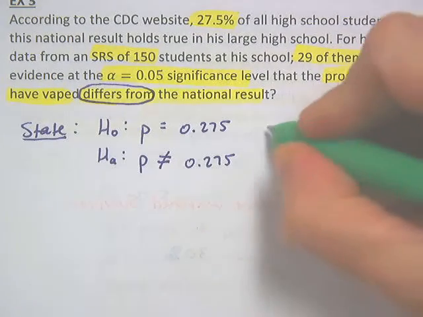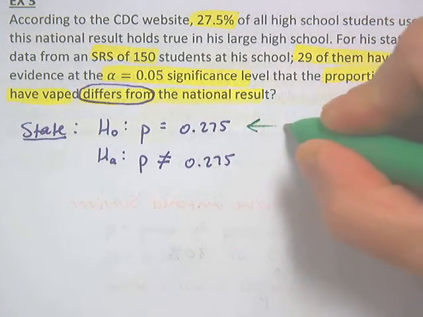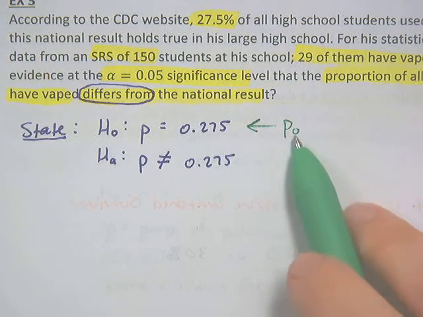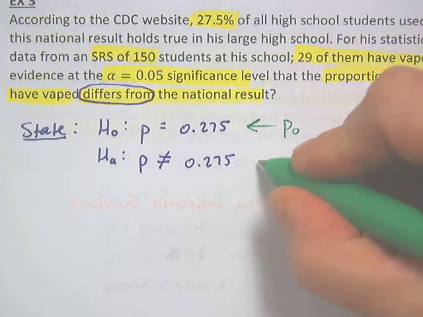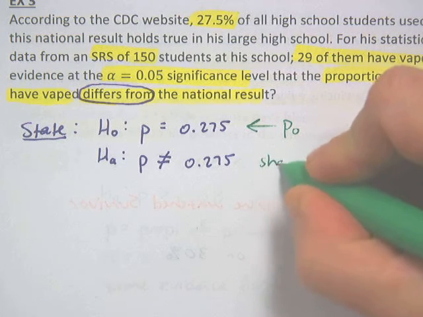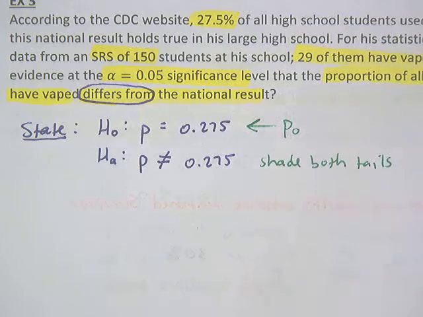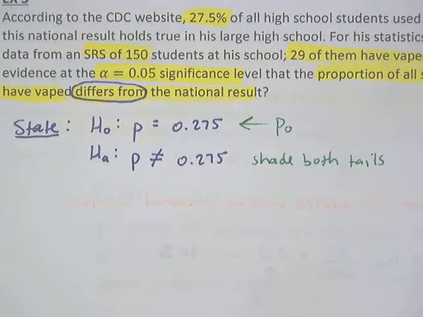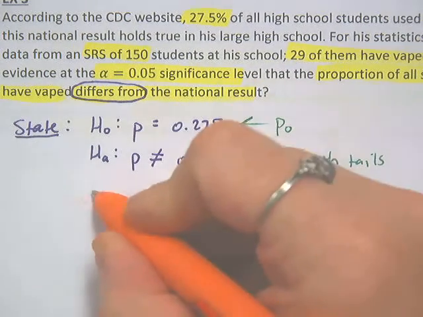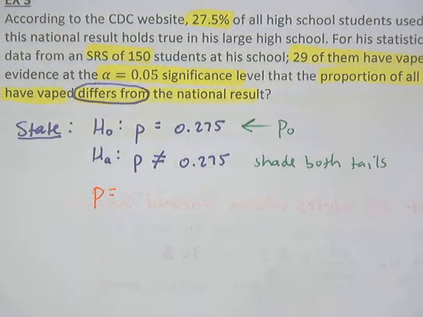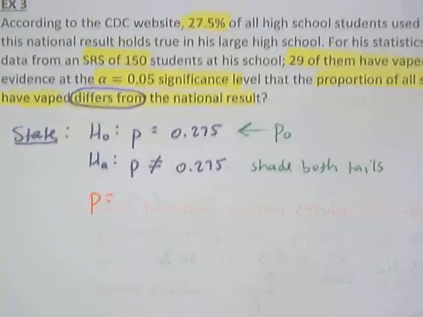Immediately, I'm going to make a couple of notes. That's what I'll use for P0, and this is two-sided, so I'm going to shade both tails. Those are just notes for me. And then there's actually a phrase right out of the paragraph that you can copy word for word that tells you what P is, and it's right here.